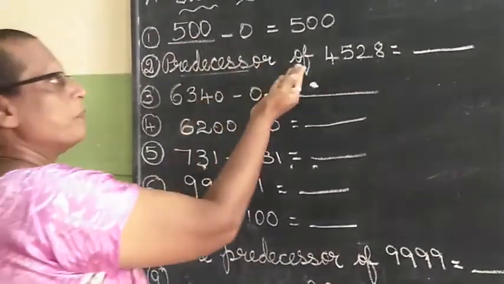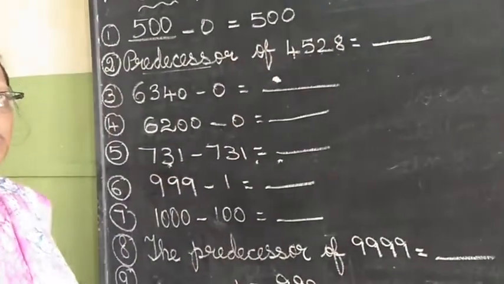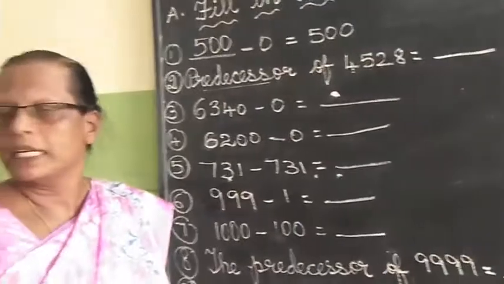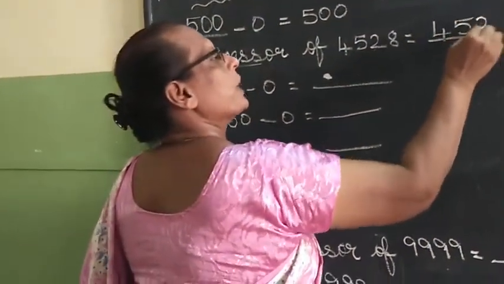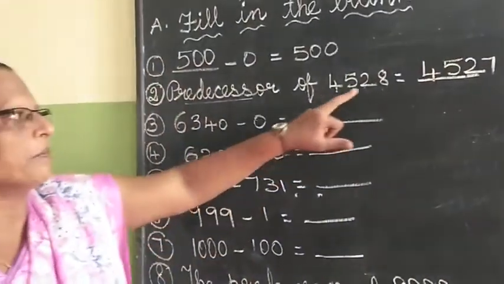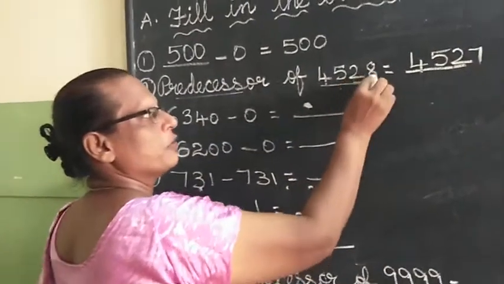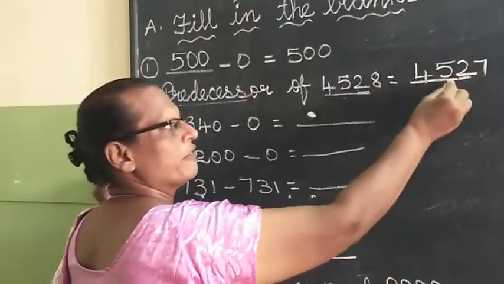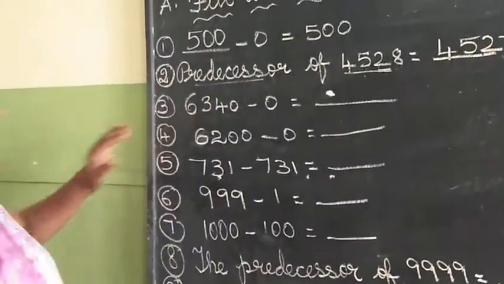So the predecessor of 4,528 will automatically be 4,527. Okay children, understood? Predecessor means before, so 4,527. Now see, easy again.